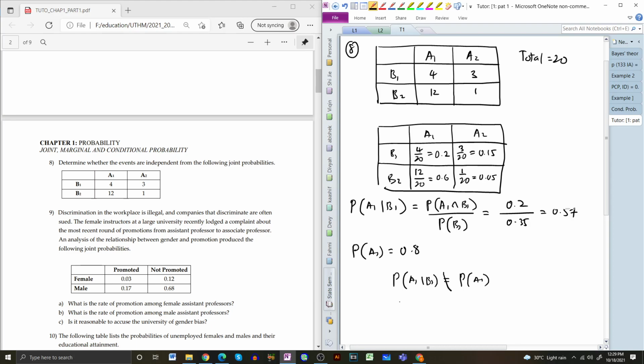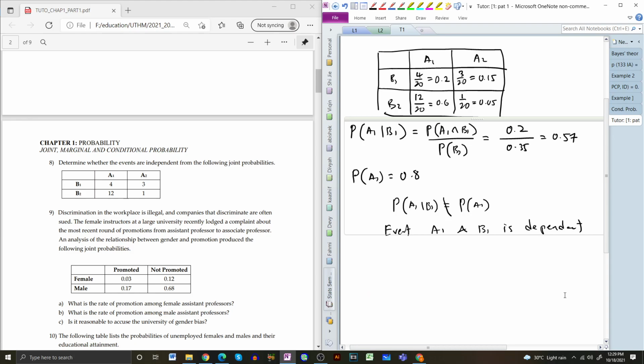Therefore event A1 and B1 is dependent. This is for event A1 B1.